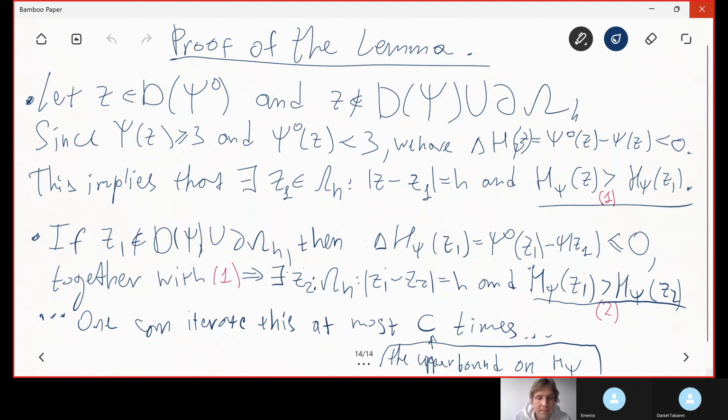Okay, so that's it. I think it's really easy, and it explains a little bit the relation between those theorems. Okay, any questions?